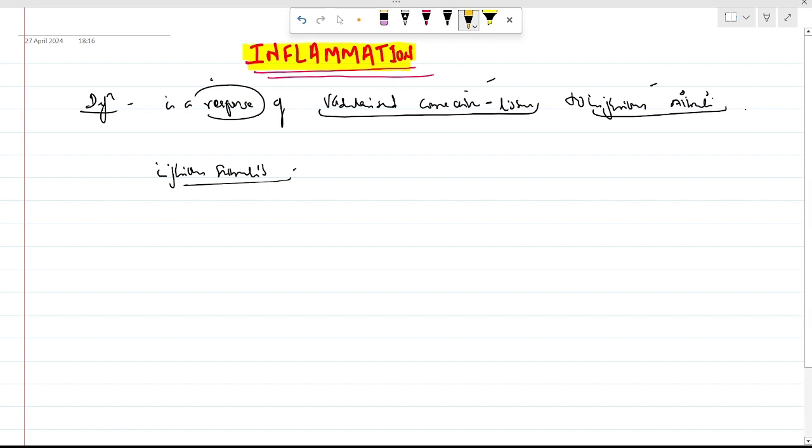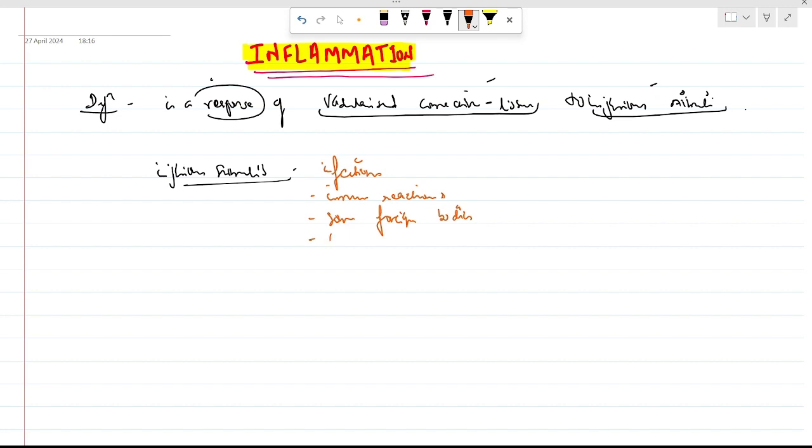So injurious stimuli include infections, most important stimuli, infections. Then there are immune reactions. Okay, immune reactions. Then there are some foreign bodies.